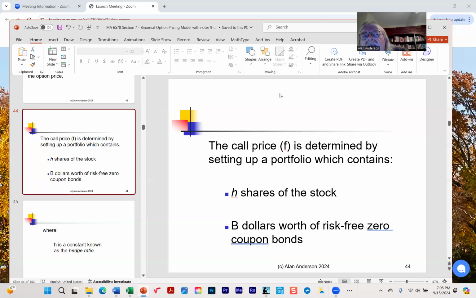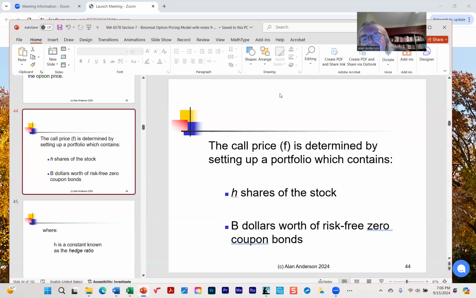Now, it's a lot more complicated than it sounds, because the trick to the whole thing is how many shares of stock we need to hold and how many dollars worth of the treasuries we need. And those two numbers need to be updated at every time step. Otherwise, the two would never match each other.